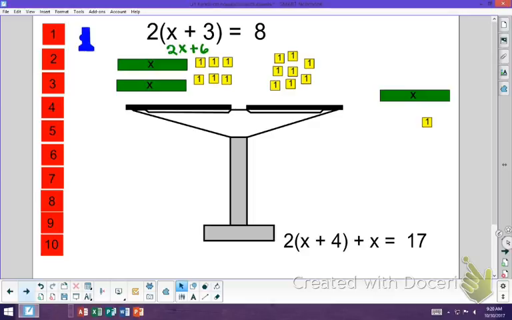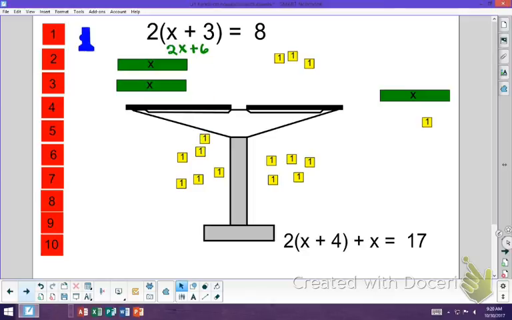The subtraction rule of equality says you can take away the same amount from both sides and you'll still have an equal statement. So if I take away 6 pairs, I am left with 2x equals 2, and I'm going to divide this amongst the x's, and I get x equals 1.